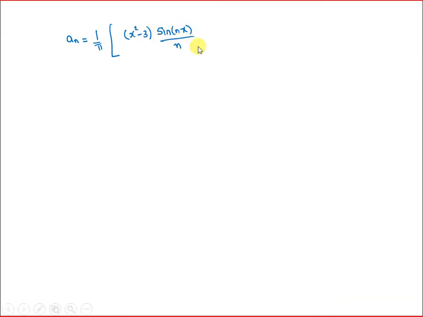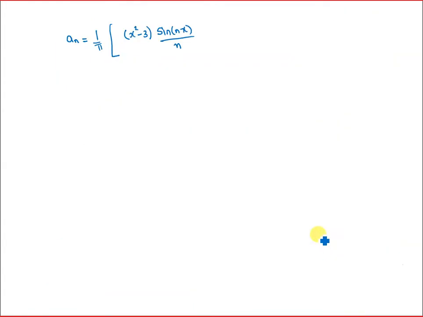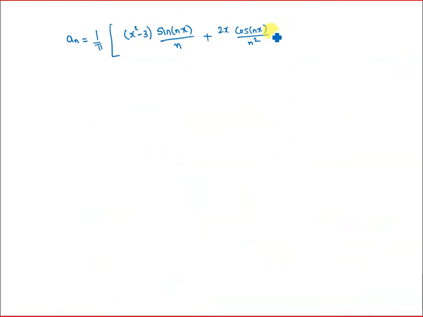Second term, minus minus becomes plus: 2x multiplied by cos nx over n square. Then plus minus gives you minus: 2 multiplied by sine nx over n power 3.